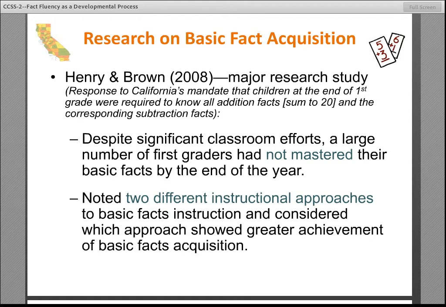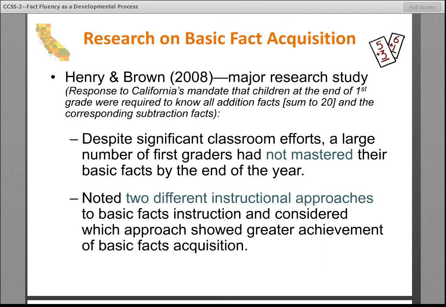They also recognize that 2 entirely different perspectives exist on basic facts acquisition, with one focused on rote memory and practice, and the other focused on strategy development. So they were curious about which of these two approaches would be most beneficial, or whether there would be perhaps no statistically significant differences. Their research utilized 4 different schools, which varied widely in socioeconomic status, ELL population, and ethnic diversity.